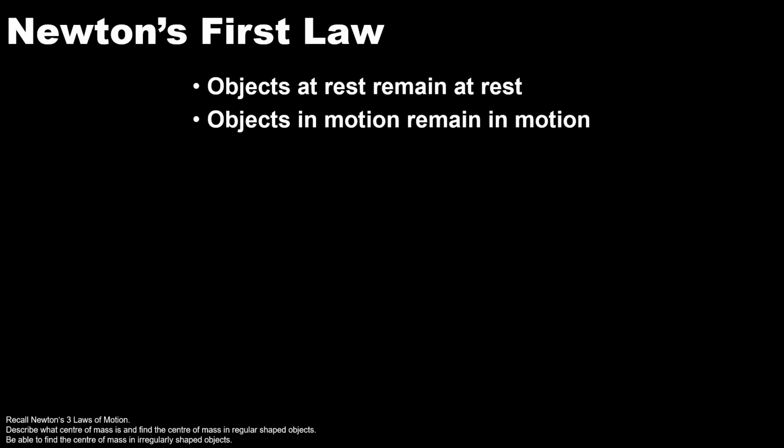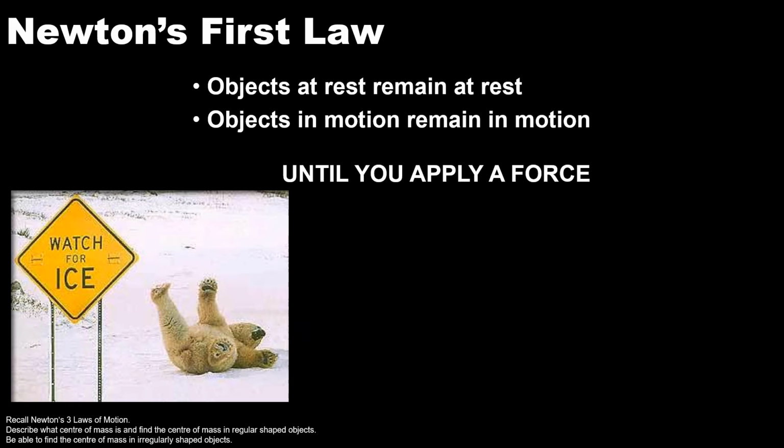So let's go back over the laws of motion that Newton came up with. So his first law of motion stated that objects at rest remain at rest, and objects in motion remain in motion, until a force is applied to said object. So, got polar bear here, he's just fallen over, but he would keep moving because he slipped over until a force is applied to him in the opposite direction.